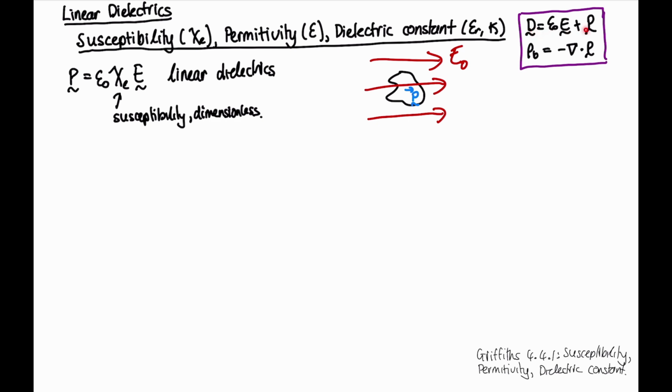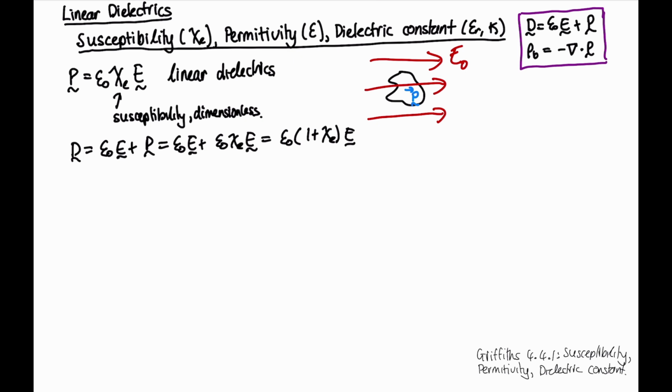And so using our equation for electric displacement, we've got that the electric displacement is equal to epsilon naught E plus P. And so this is epsilon naught E plus epsilon naught times the susceptibility times E. And we can write this as epsilon naught times 1 plus the susceptibility times the electric field. Sorry, I've written that wrong.